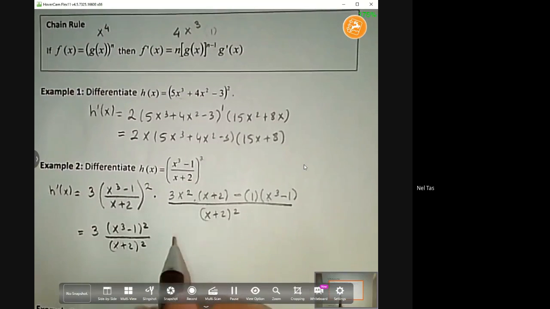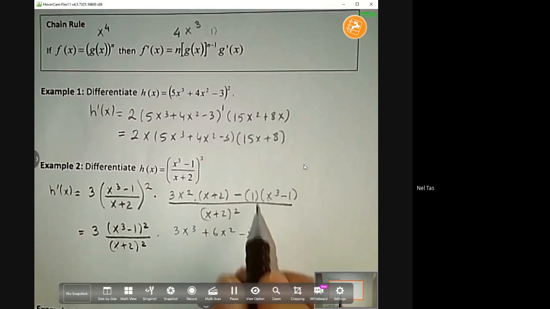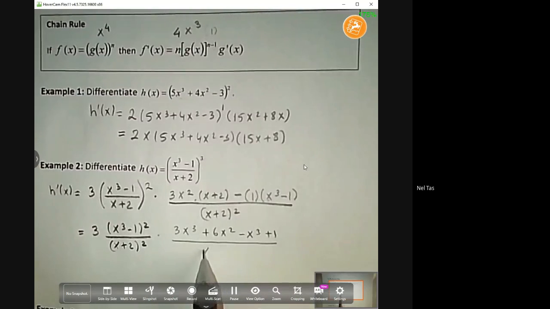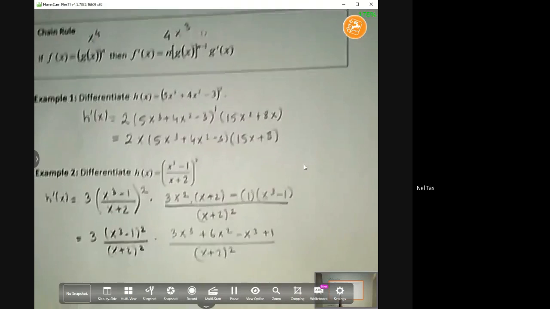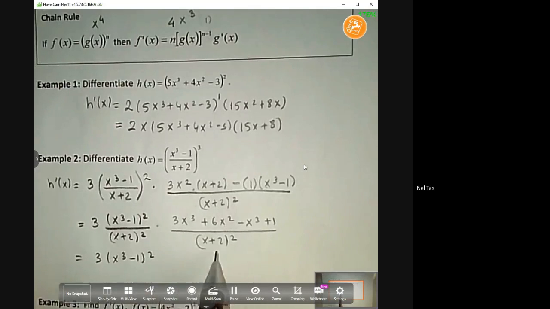Now expand these: 3x cubed plus 6x squared minus x cubed plus 1, and the numerator is 3 times x cubed minus 1 squared.